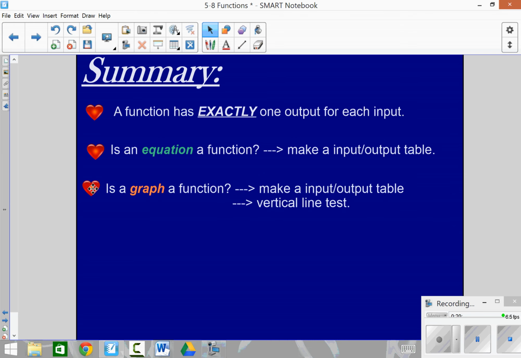And lastly, how do you tell if a specific graph is a function? Well, you can either A, make an input-output table and see if each input has one output, or you can use the shortcut method, the vertical line test. Draw a vertical line anywhere on the graph. If it always passes through the graph just one time for each vertical line you draw, it passes the test, it's a function. If you can draw a vertical line anywhere in the graph that passes through it more than once, it fails the vertical line test, it's not a function.